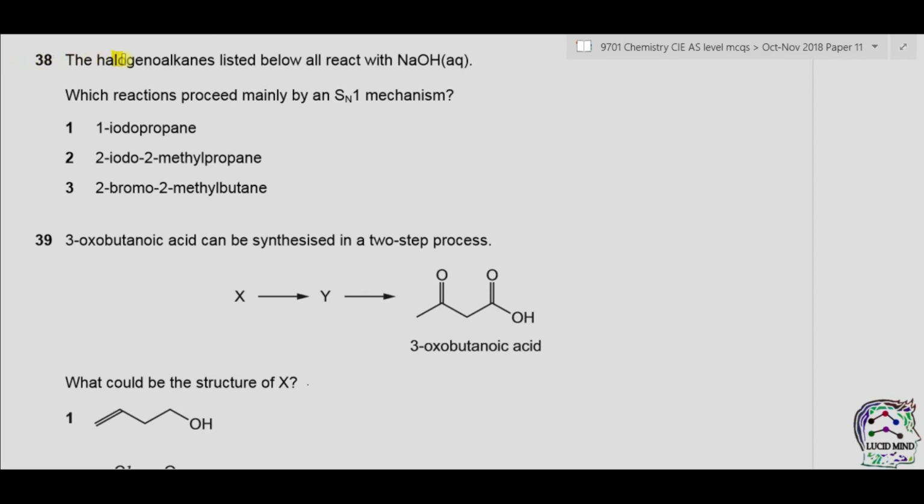Question 38. The halogenoalkanes listed below all react with sodium hydroxide, which reactions proceed mainly by an SN1 mechanism. Now you should know that SN1 mechanism is followed by tertiary halogenoalkanes.